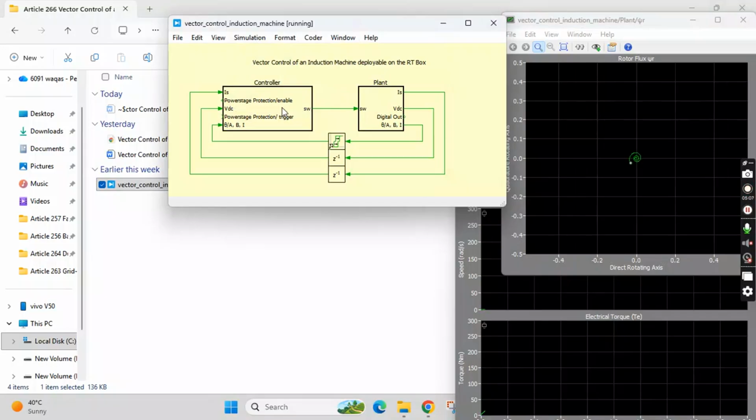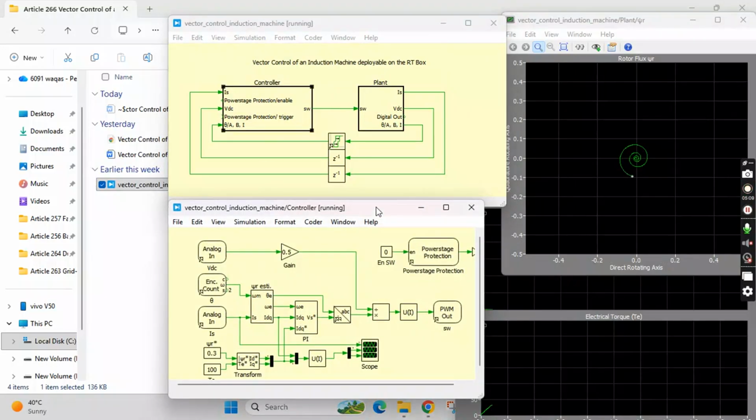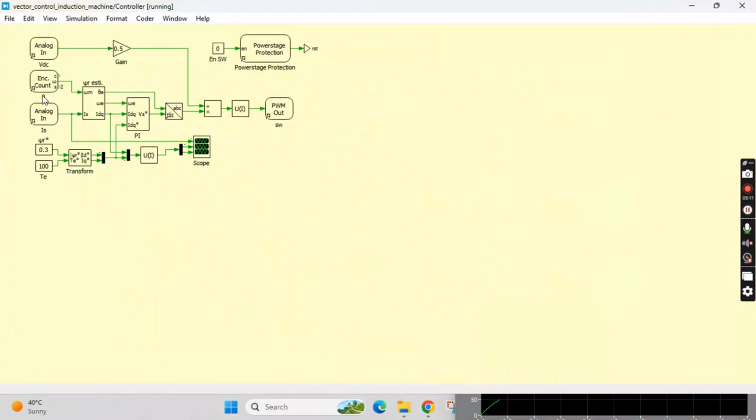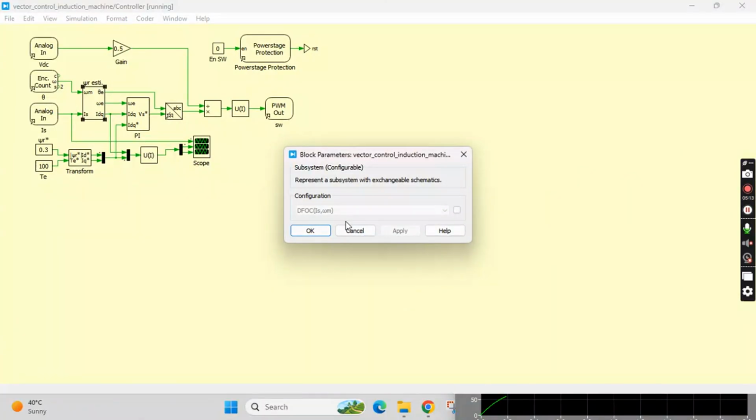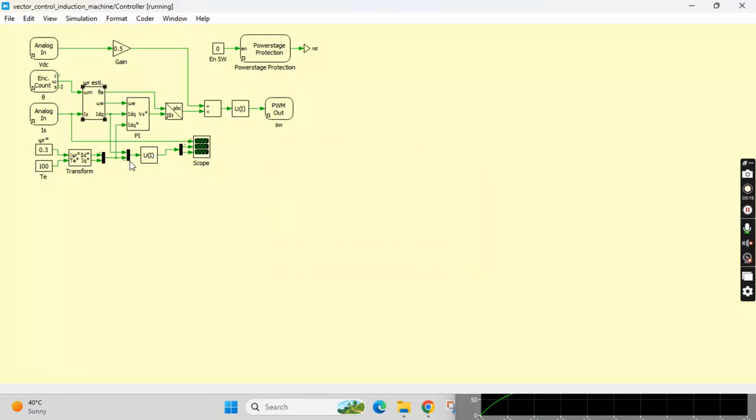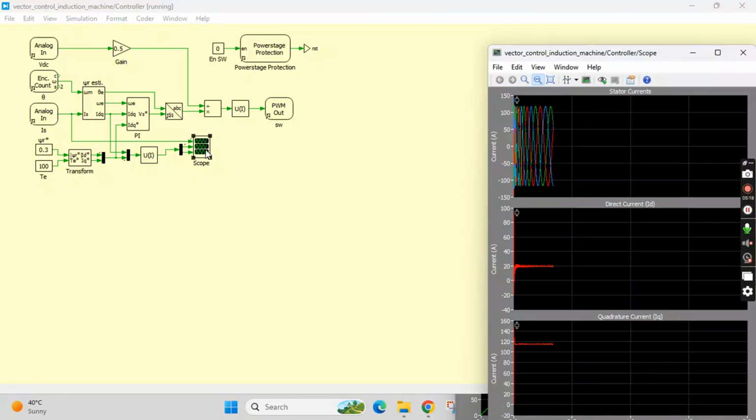Start the simulation, and then we explore the controller and plant sections, which provide us the complete estimations, as well as the plant, the PI controller, and the power stage converter, with scopes added. These are the stator currents, direct currents, and quadrature currents.